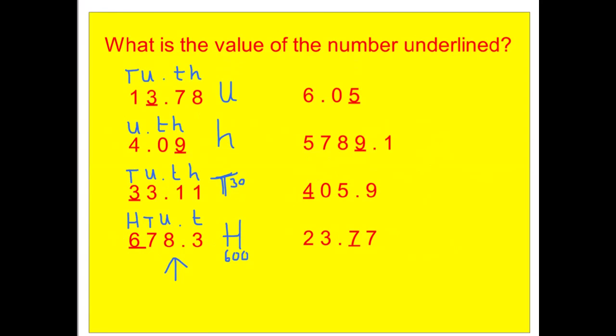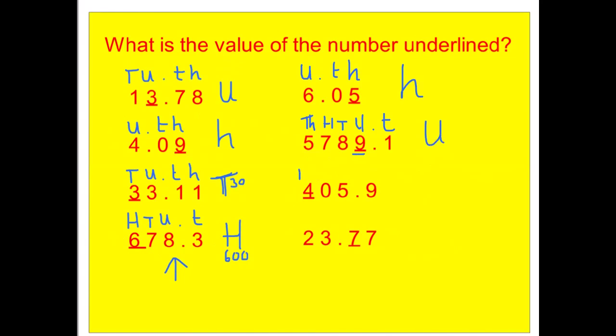Okay, the first one then. So we have our units before the decimal point, then tenths, then hundredths. Not something we've looked at too much, but it's the hundredths column. Next number down, we've got 5,789.1. So it's 5 in my thousands, then hundreds, tens, units, 0.1, which is in the tenths, but the underlined value is 9 units.